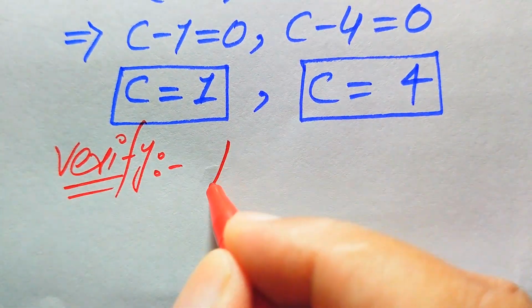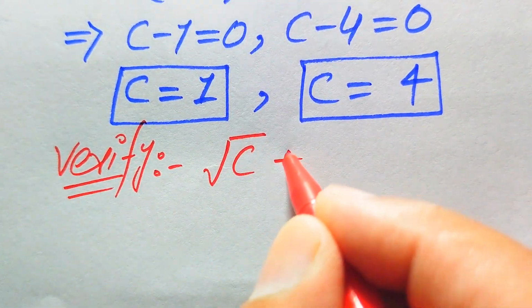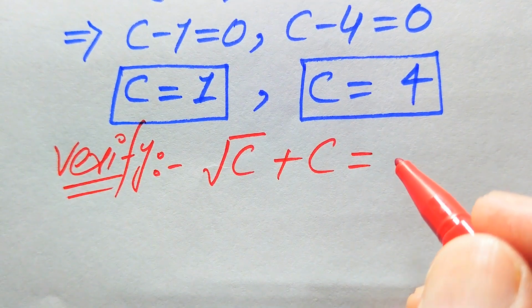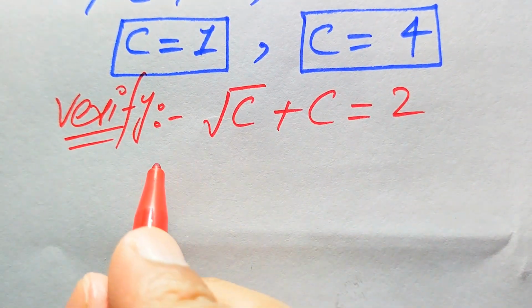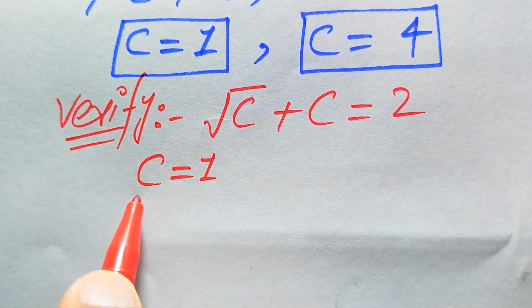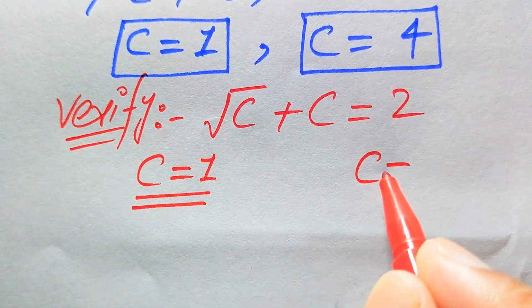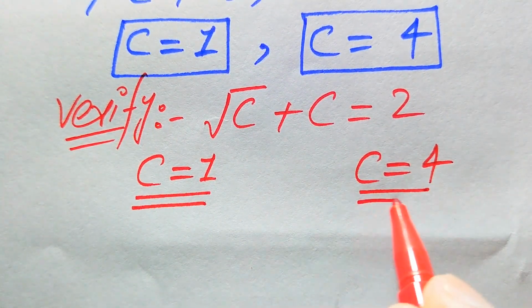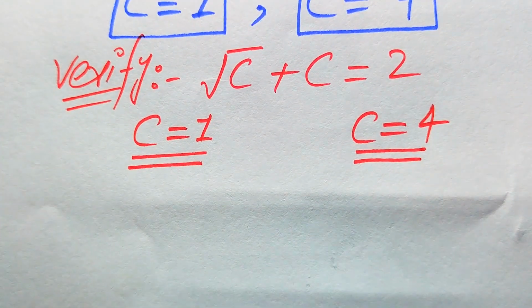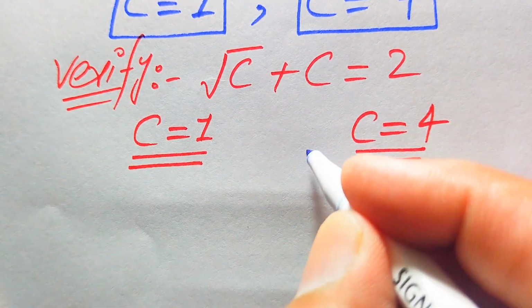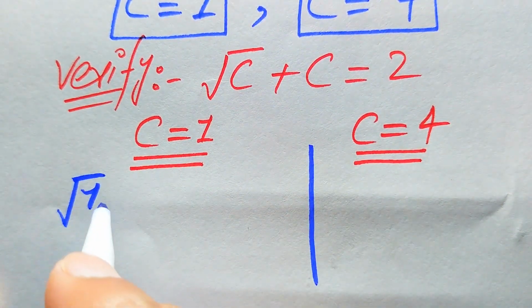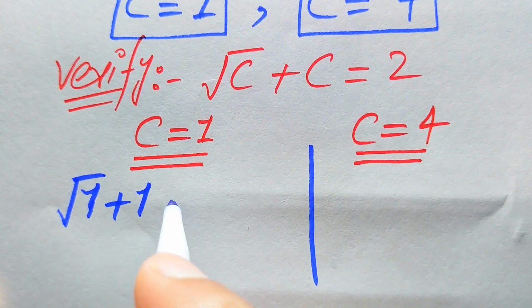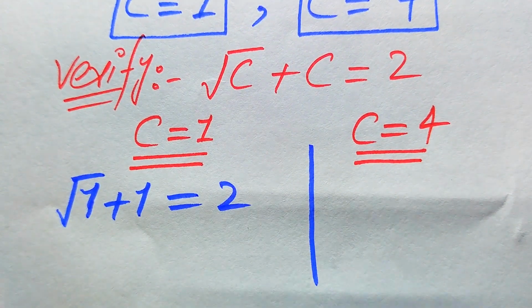So for verification, we need to copy down the given question statement. Here it is square root of c plus c is equals to 2. And here we substitute c is equals to 1, and on this side we substitute c is equals to 4. So when we substitute c is equals to 1 into the left hand side, this will be written as square root of 1 plus 1 is equals to 2.